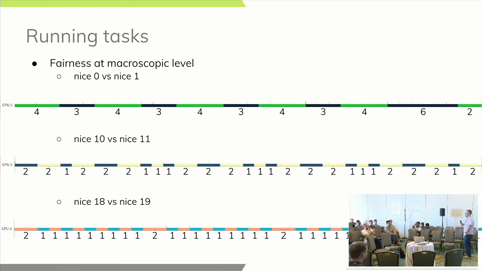Yeah, but in case of interactive tasks, if we have two tasks and we want both of them to be interactive, the setup with nice 18 and 19 is more interesting than the setup with nice 0 and 1. That's just my question. Fine. Maybe not. We probably want the interactive task to be of a higher priority.